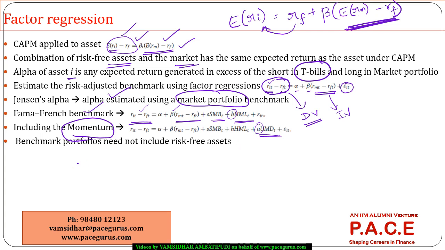So we have different kinds of benchmarks which we can use for producing the alpha, or the return that is expected out of the portfolio, to what extent it is over and above the benchmarks.